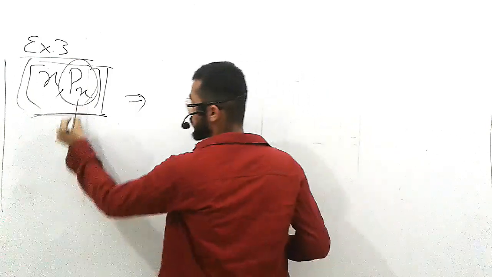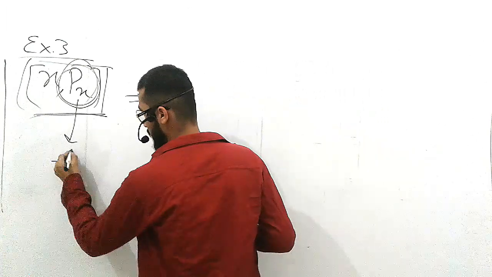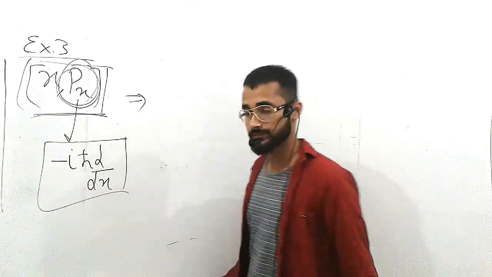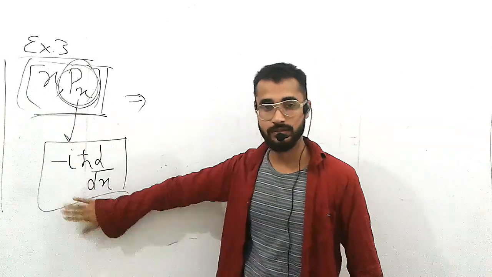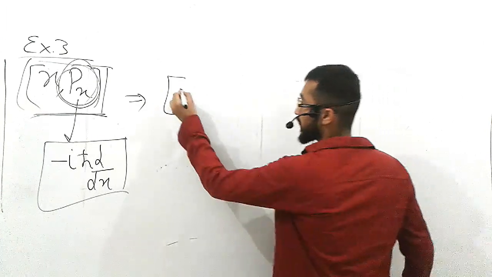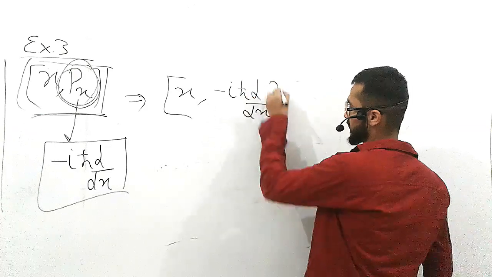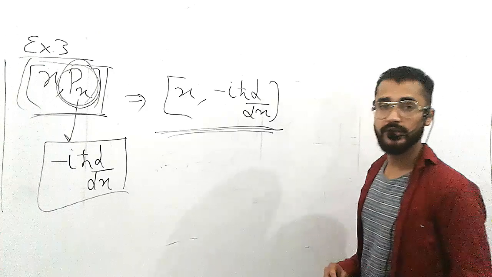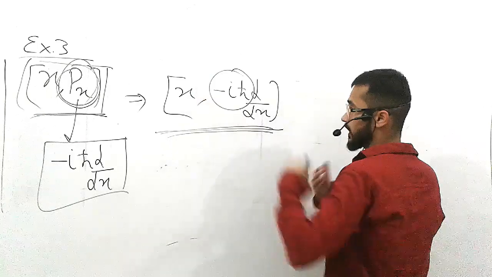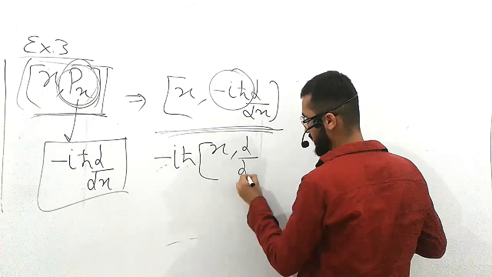As we know, p x is written as minus iota h cross d by dx. Okay friends, we will write it like this: x with minus iota h cross d by dx. The simple way to solve this: we take minus iota h cross outside the bracket, and x d by dx.